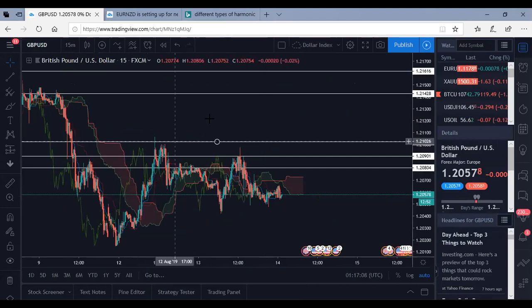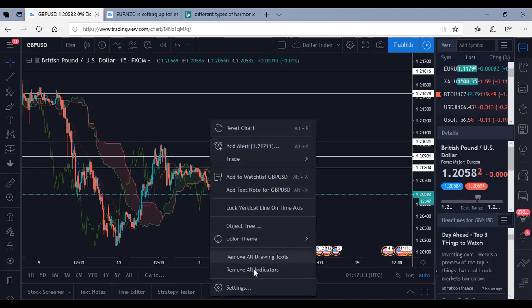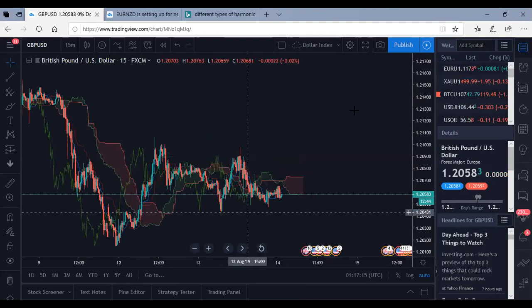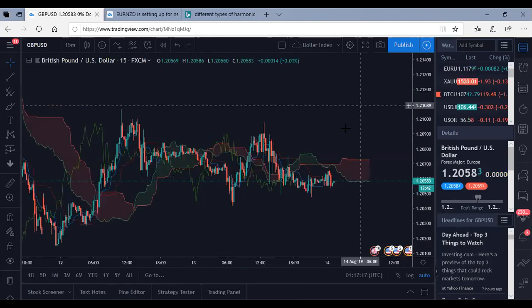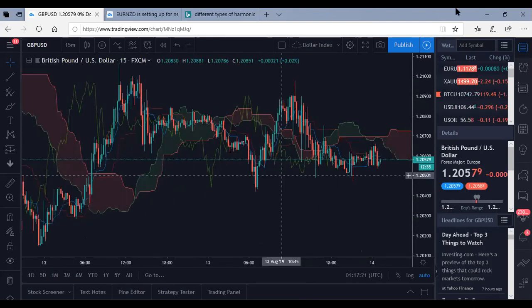So let's get rid of all of these. Remove all drawing tools. Okay, all right, cool. So let's see if we can find a pattern in GBP USD.